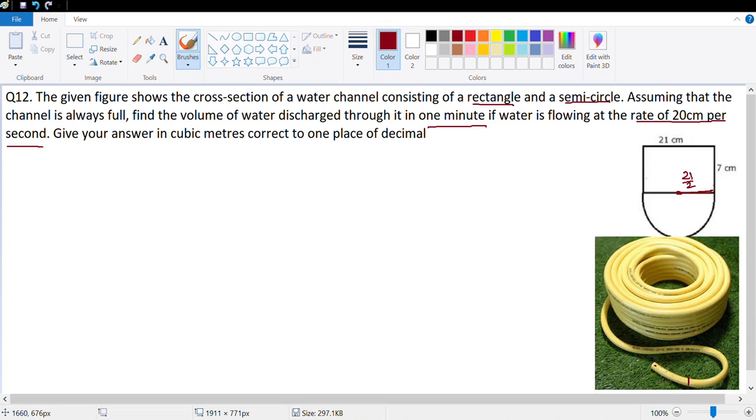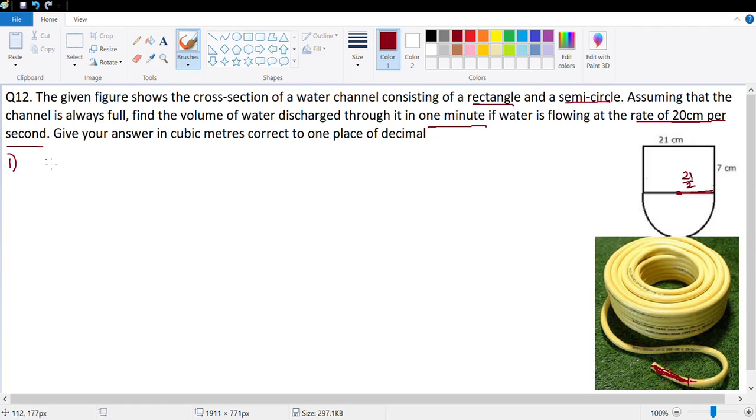So water contained in this much part of the tube gets out in 1 second. How long do they want to check? They want to check for 1 minute, which means in 60 seconds, how much of it will go out? That will basically be the length of the channel that we're looking at.